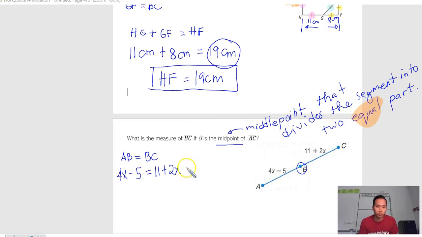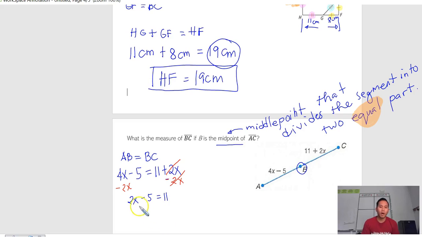So what we are going to do is, of course, subtract 2x. Sorry, I'm going to use a different color in this part. So subtract 2x both sides, minus 2x. This will be cancelled out. This will give me 4 minus 2, which is 2x minus 5 is equal to 11.